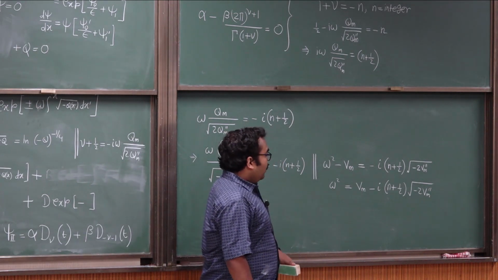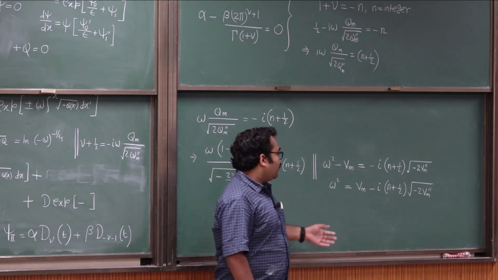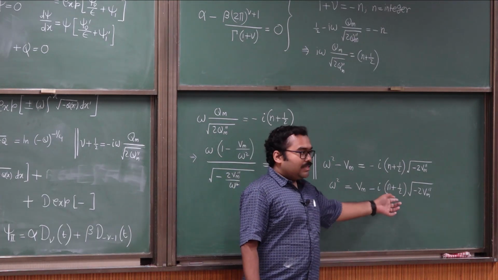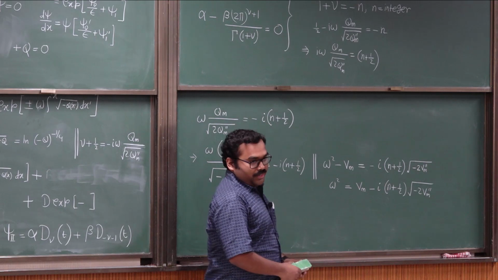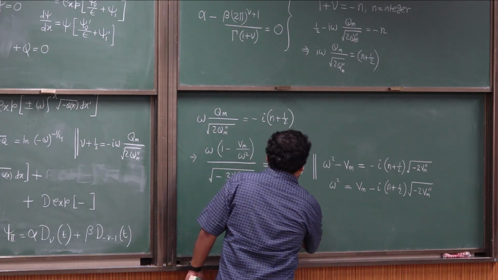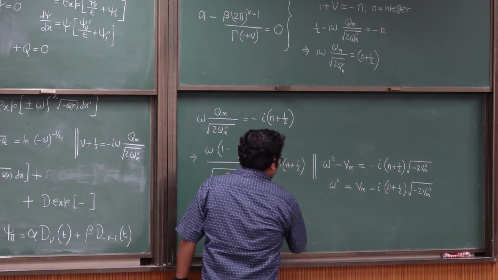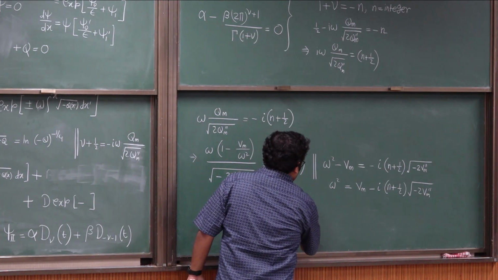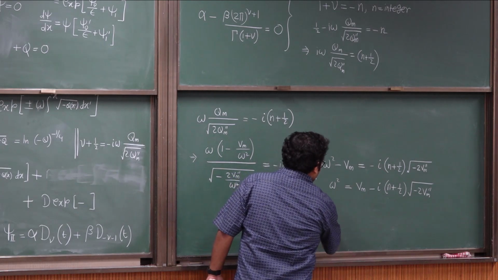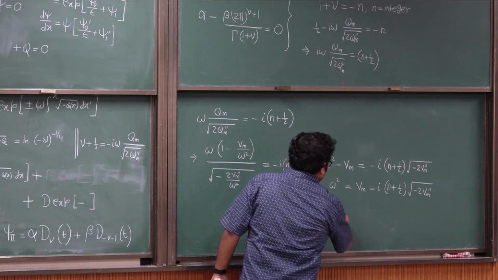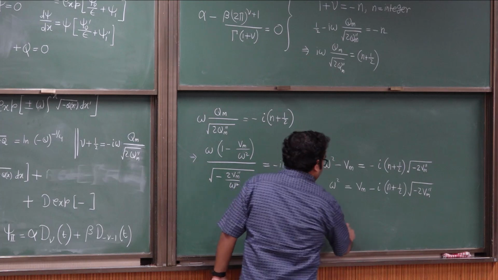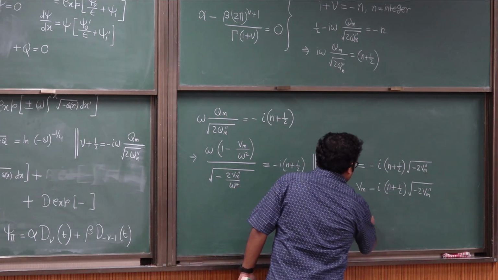So you should take a square root, and again there is an assumption in the sense that this is much larger than the second term over there. And as I said, this is an assumption, so you have to believe me. So omega n is going to be square root of Vm minus I n plus half square root of minus.